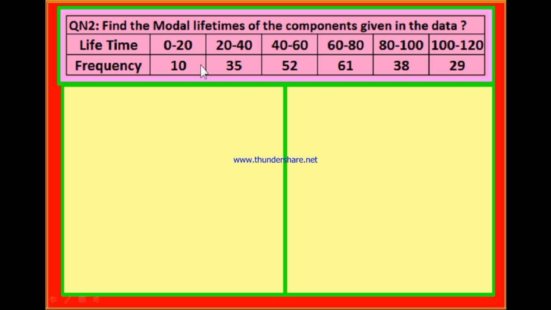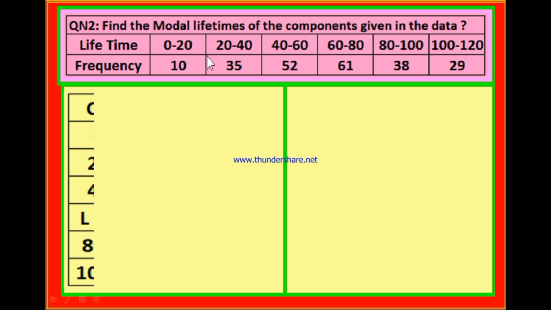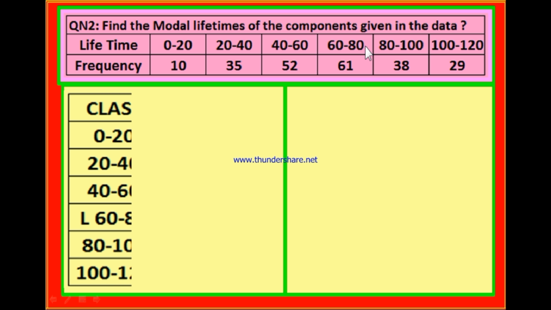In order to find the mode, I already told you that only the classes and frequencies, only the two given columns are sufficient. Now let us consider the lifetime as classes and the frequencies as frequencies, and let us construct the table now. The classes 0 to 20, 20 to 40, 40 to 60, 60 to 80, 80 to 100, and 100 to 120.